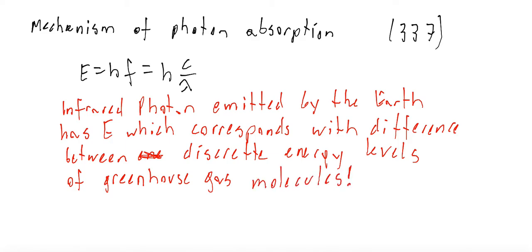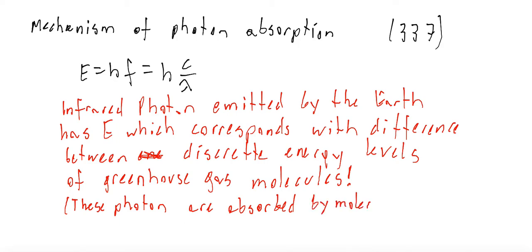Okay, what does it mean? It means that a photon of this particular wavelength is absorbed by this particular molecule. Okay, so these photons are absorbed by molecules of greenhouse gases.